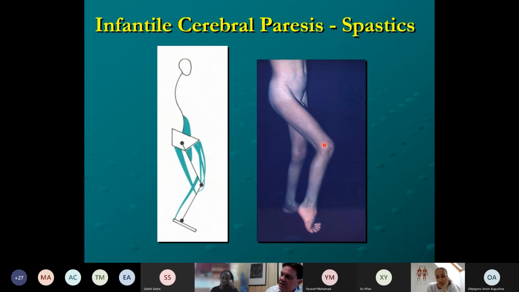If you check the sagittal plane, you see a flexion situation in the hip, a flexion situation in the knee joint, and a plantar flexion situation in the ankle joint. And this is not because the patient wants to hold it in this position. It is not possible to do full extension even if you do it as an examiner. So you cannot passively do the full extension.